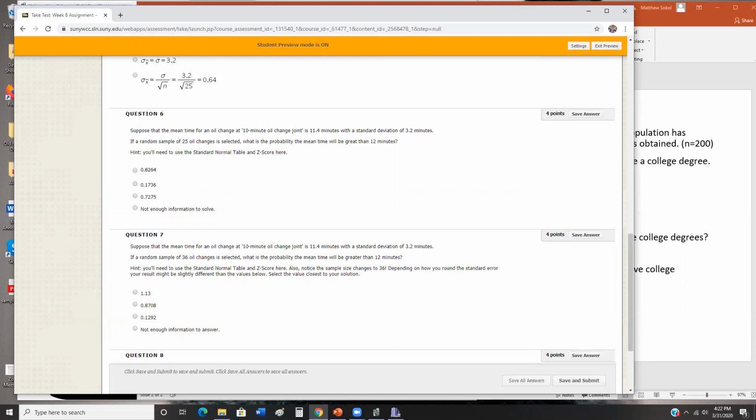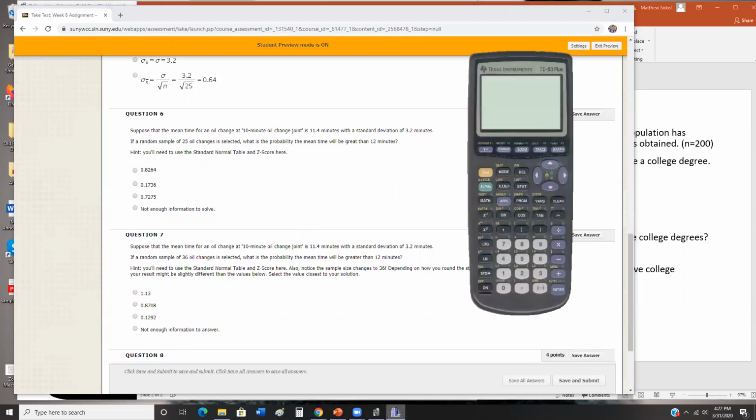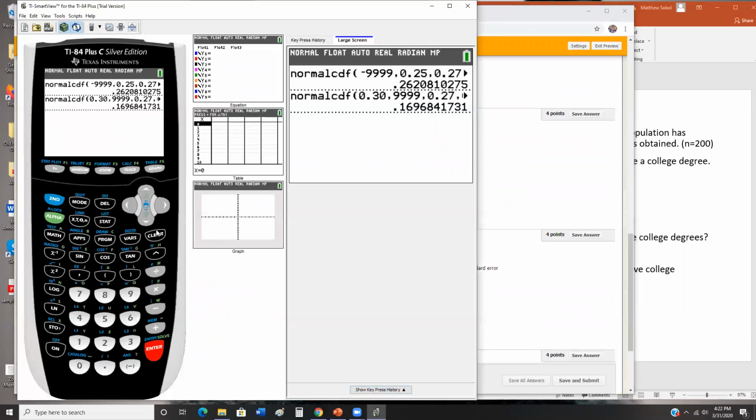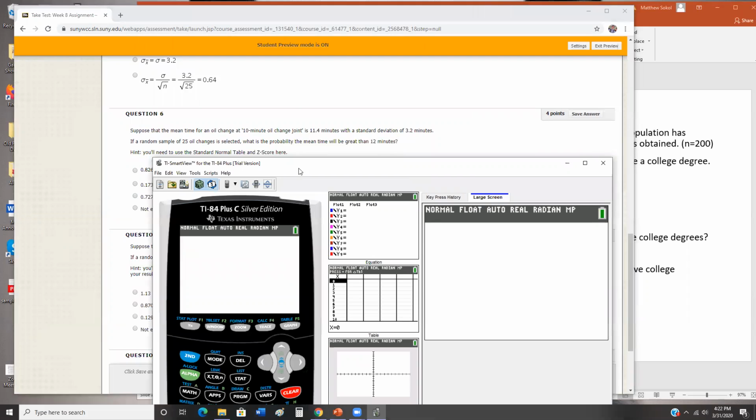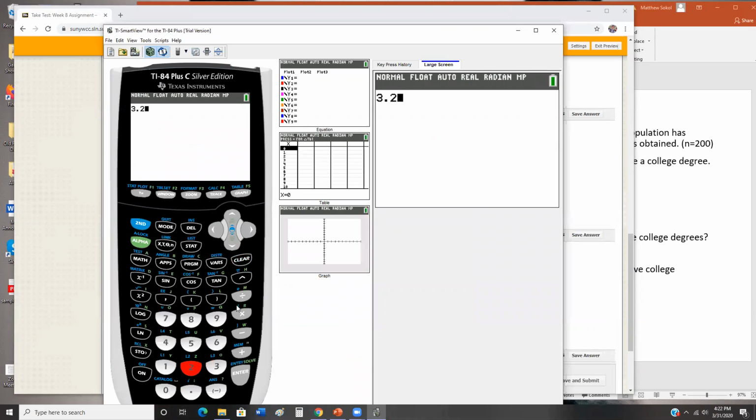The trick here is you first had to start by finding out what the standard error is. You take the standard deviation of 3.2 divided by the square root of the sample size 25, and you get 0.64.